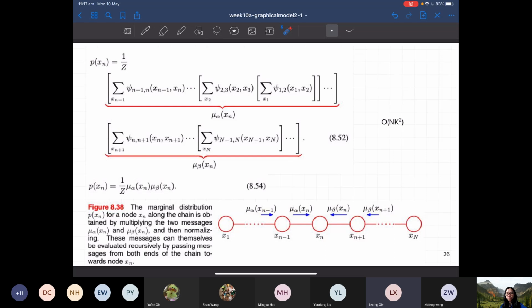Similarly, for the front part, as we can see, because the graph is undirected, the way we can marginalize our x big N, we can apply the same trick to marginalize x1 by only considering the first potential sum.